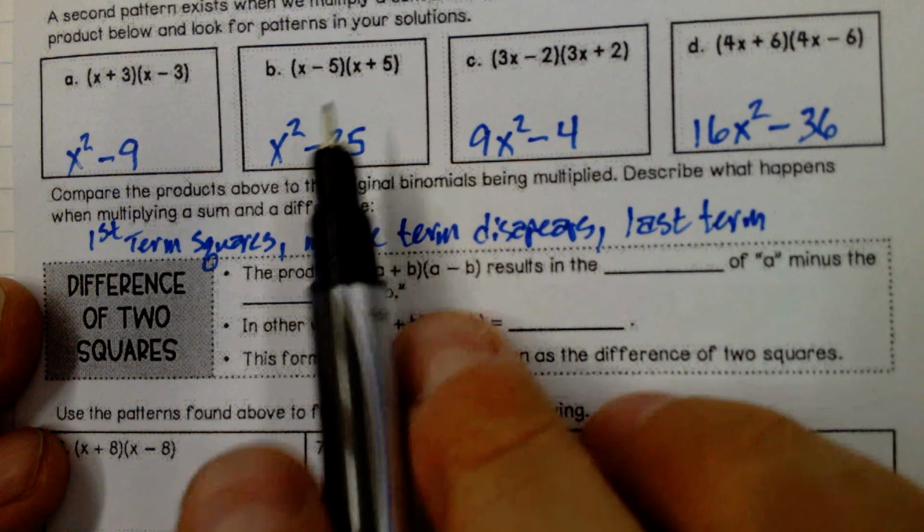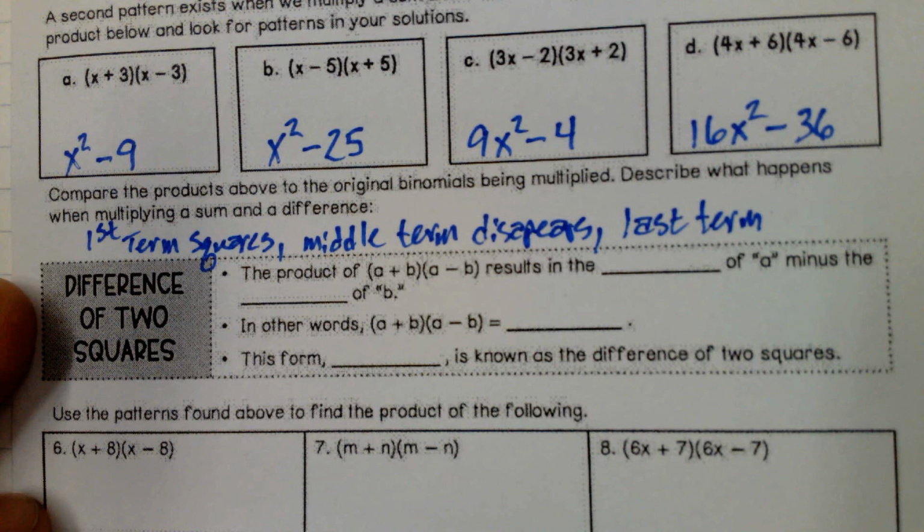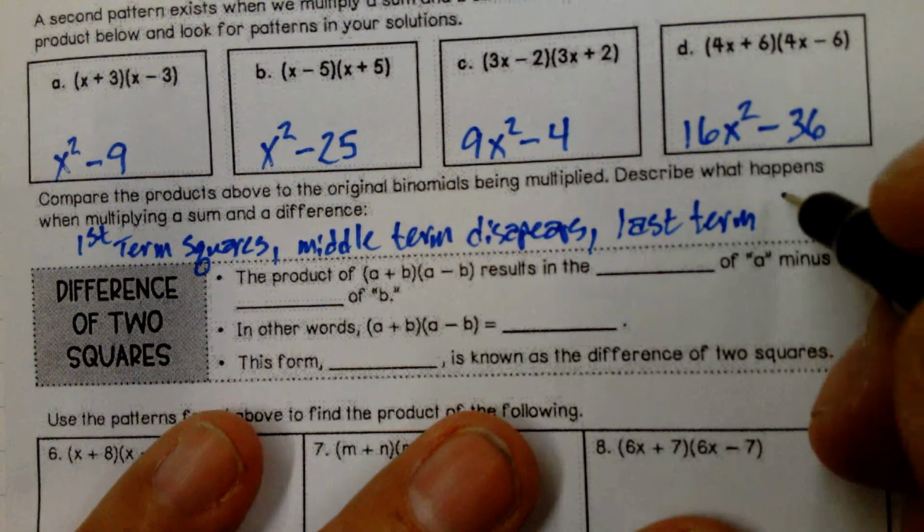Since you're multiplying a negative and a positive, you always get minus the last term squared.